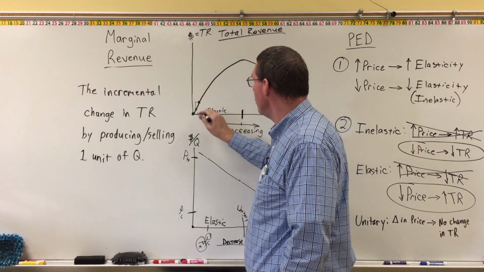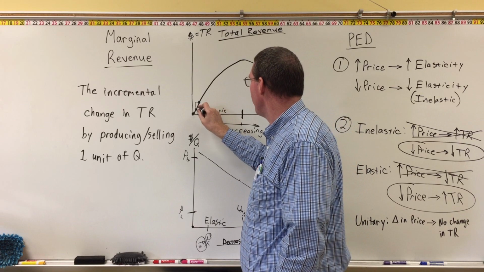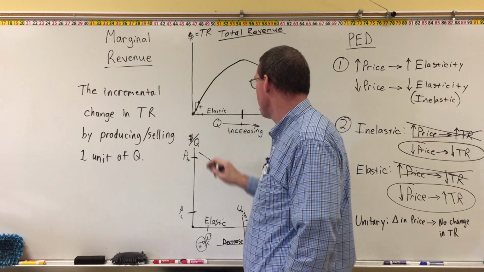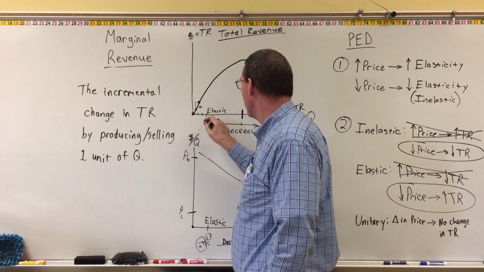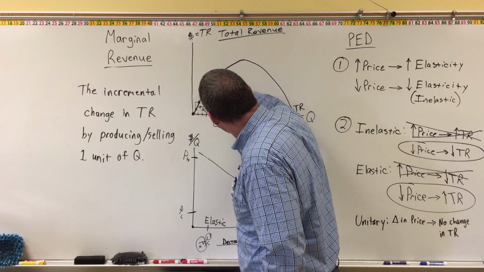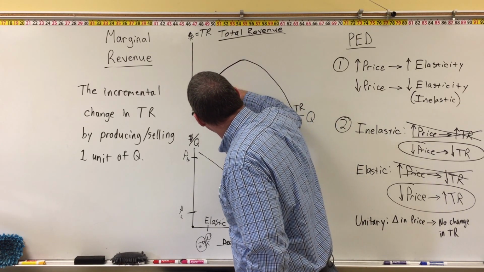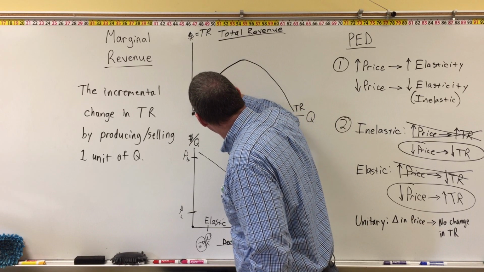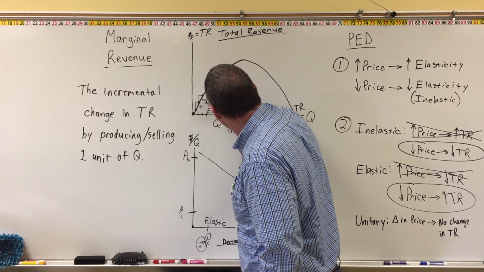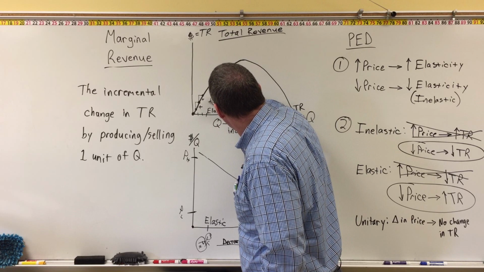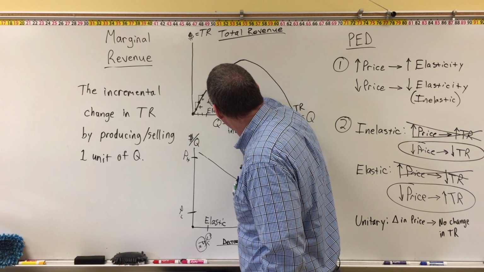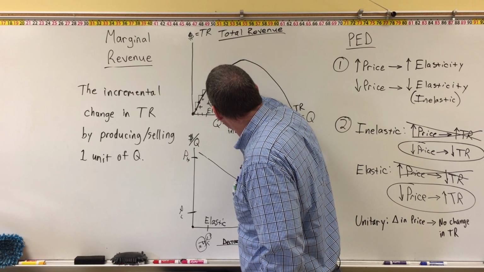So the change is positive. I'm going to put a little plus sign for positive. And then if we go up one more quantity here, to about the same horizontal distance, we would go up and over, again positive. And then if we go up and over again, here's what I want you to see.